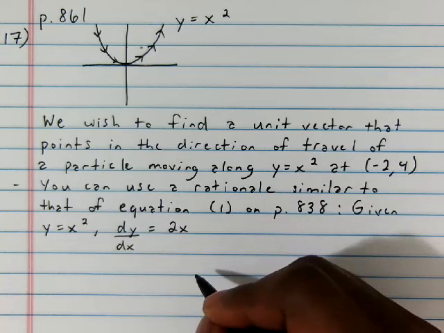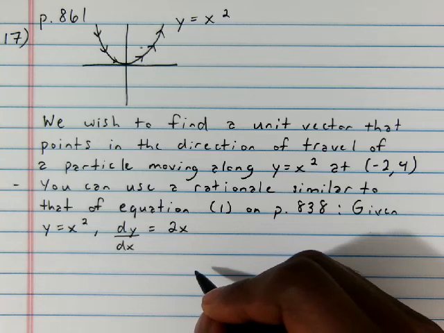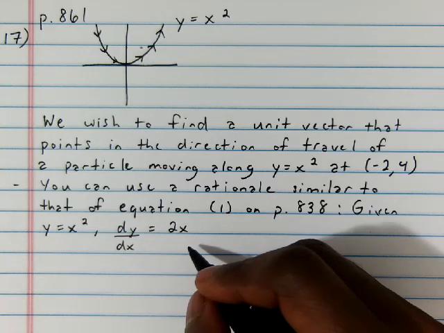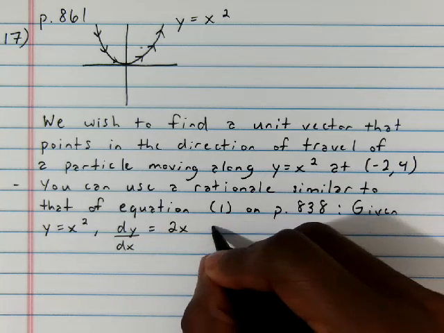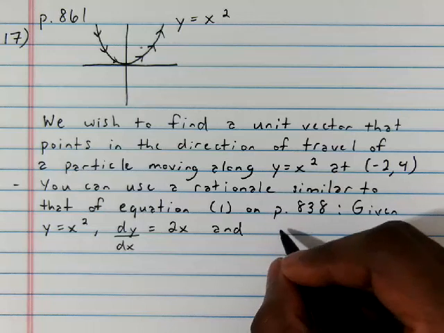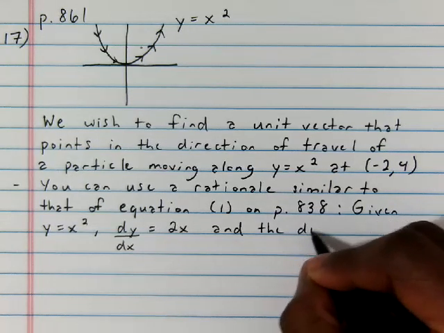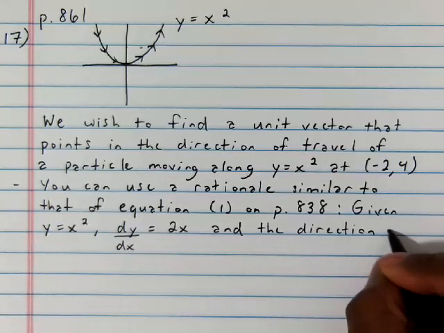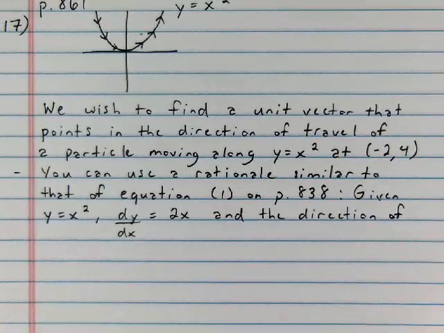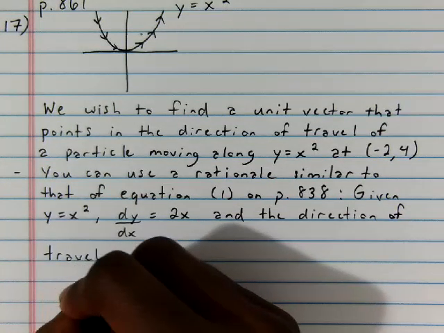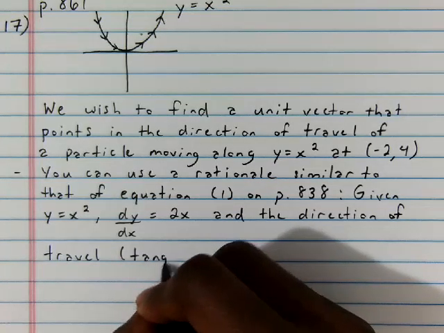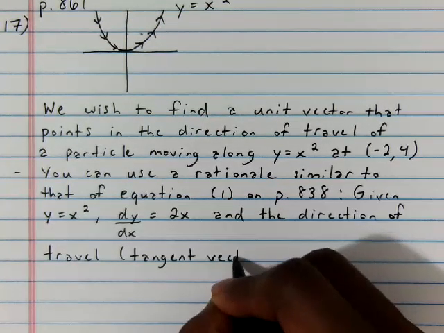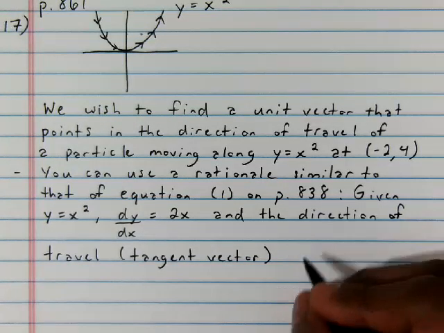When I first introduced partial derivatives, I discussed them in this same fashion, where it gives you the slope of the tangent line when you take the partial derivative. So you can do this that same way. So in the direction of travel, the tangent vector, because we have a vector to work with here.